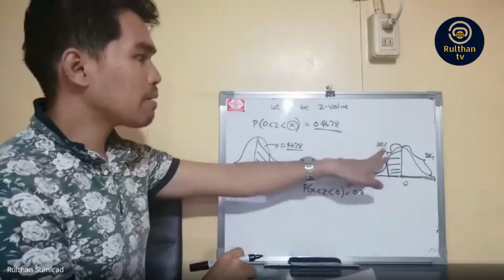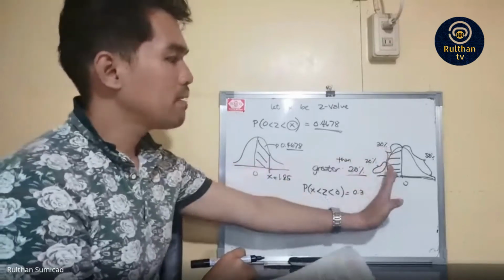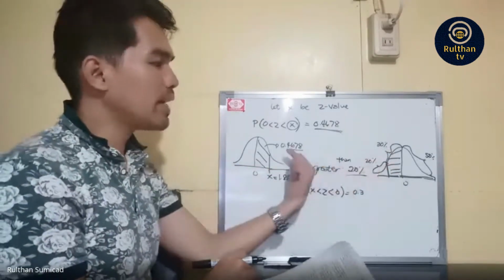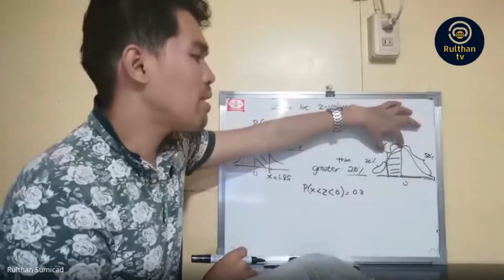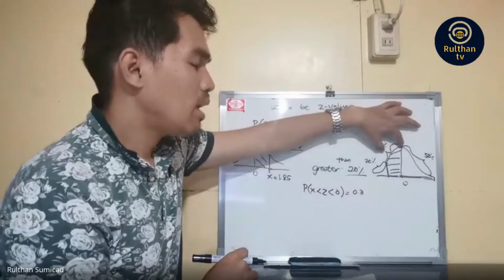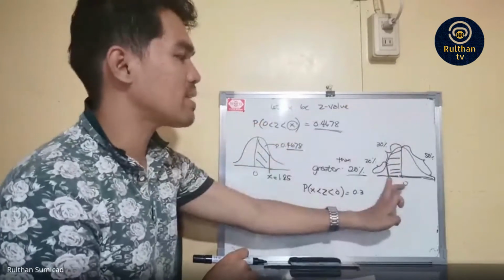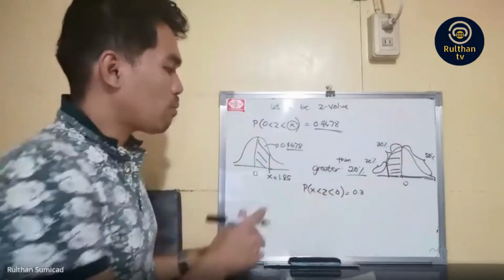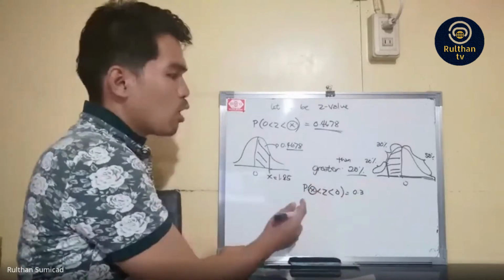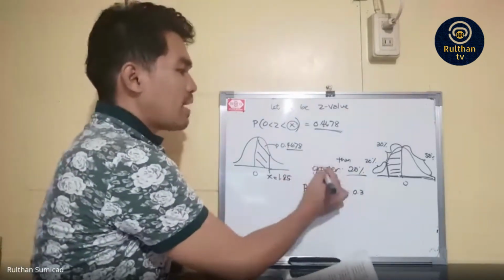Since we have here the 30, we will get this value, and once we have it, we can identify already what the z-score is. So what is the x?